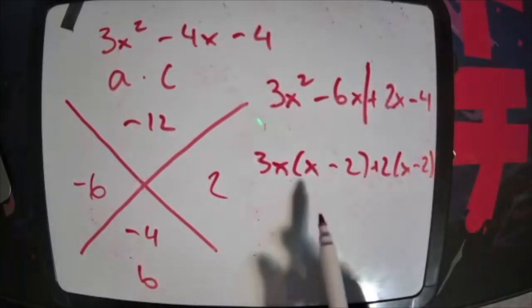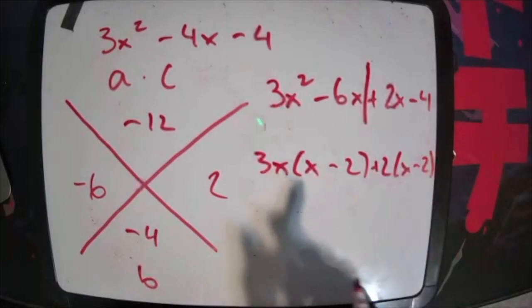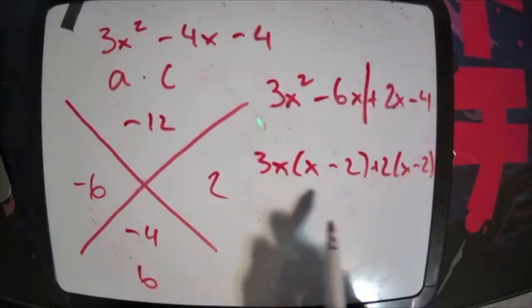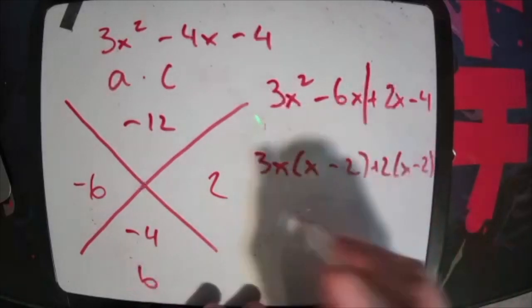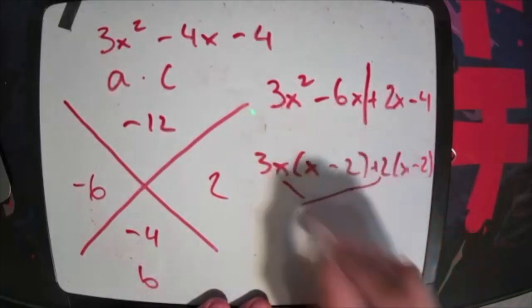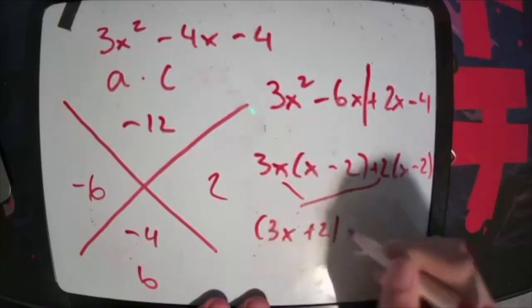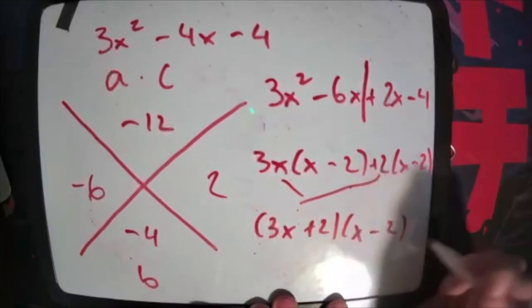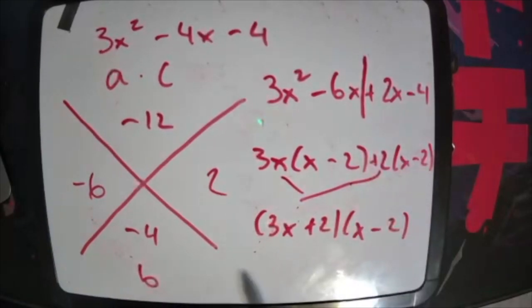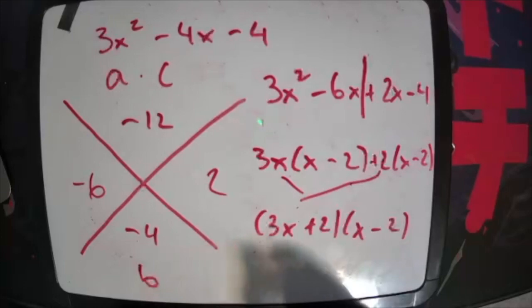Once again, we can see that after factoring out the greatest common factor, x minus 2 is left on both sides. So that means we are on the right track. We bring these two down until we are left with 3x plus 2 and x minus 2. If I did that correctly, that should be our correct factored form.